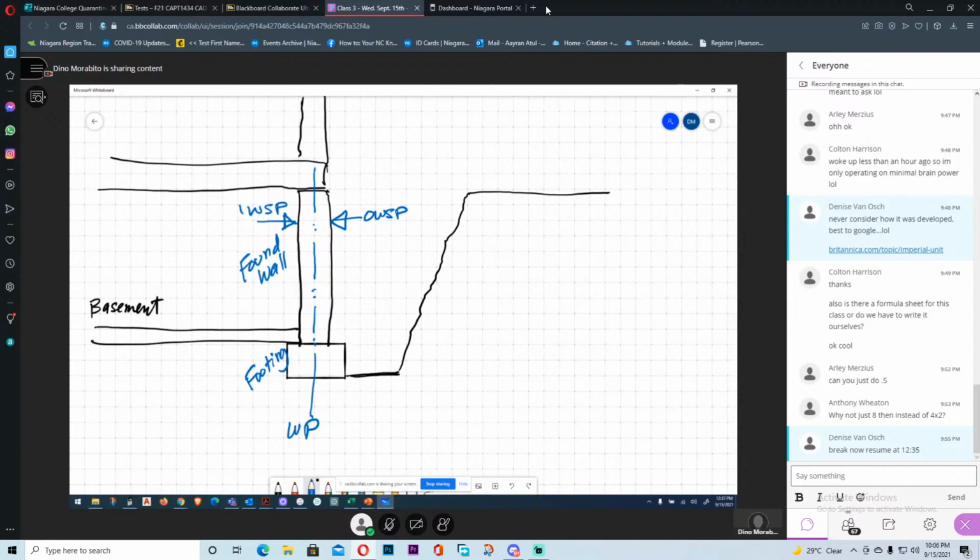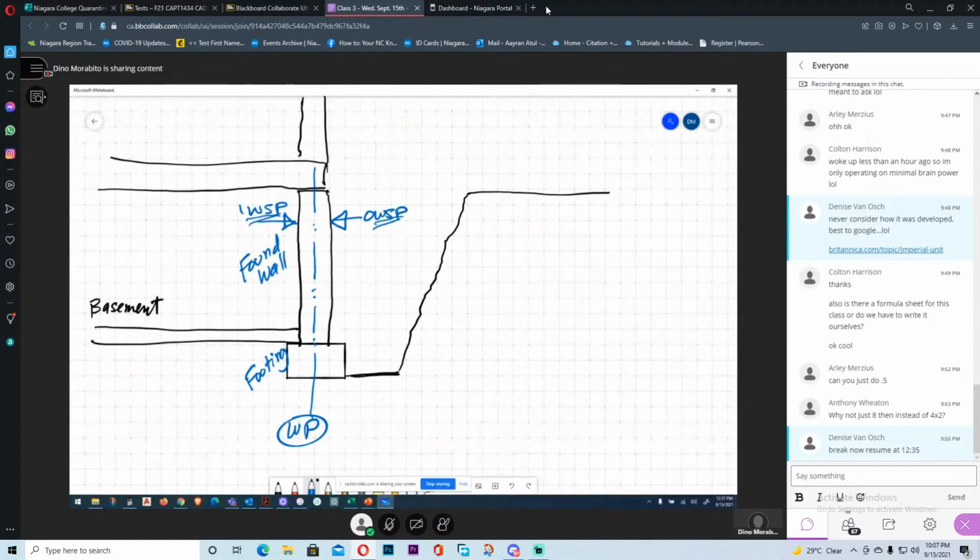And that first number that we calculated was the OWSP, or outside wall surface perimeter. When we subtracted the full thickness of the wall, we got the inside wall surface perimeter. And along the center line of the wall, when we calculate that, we'll get the wall perimeter. And the wall perimeter is, in essence, the effective developed length of the wall.